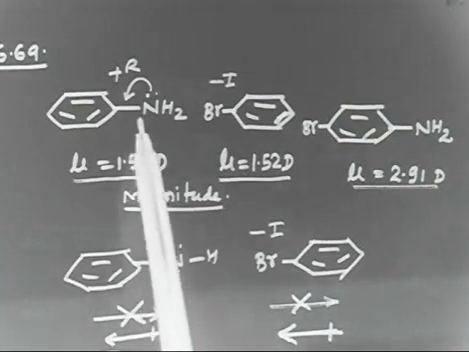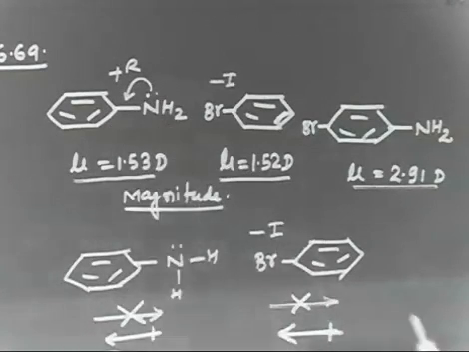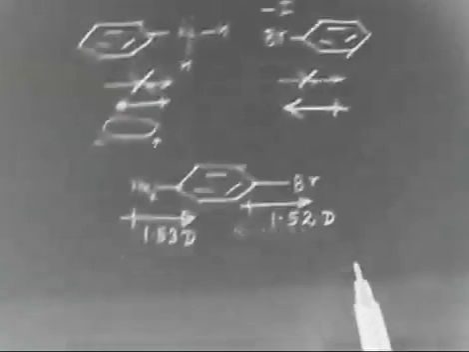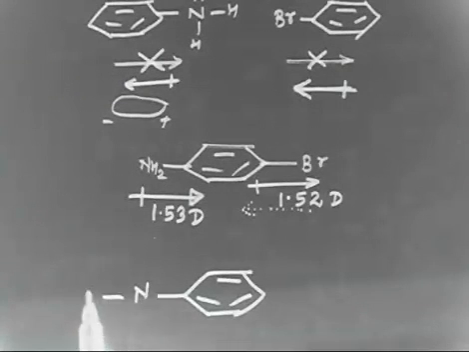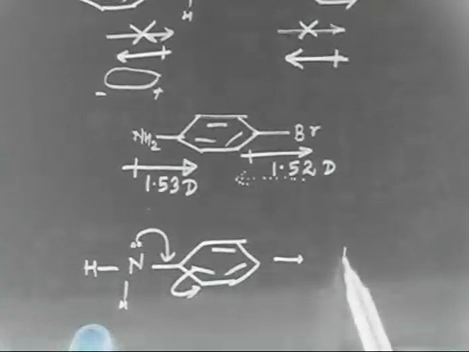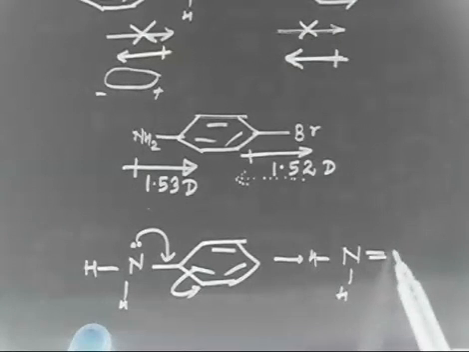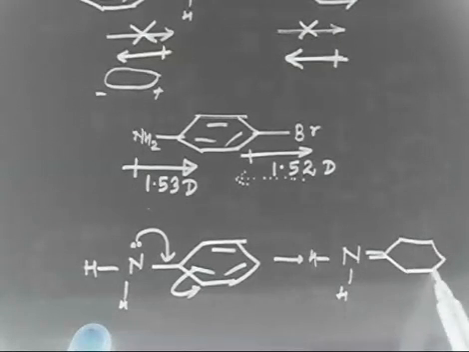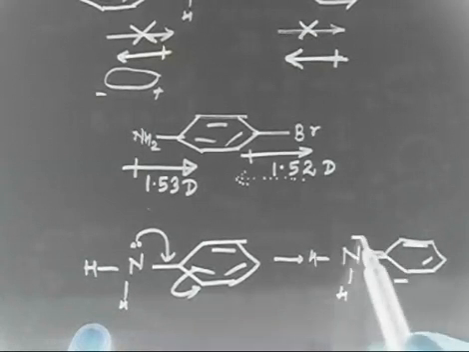Now you know for aniline, because nitrogen gives electrons, nitrogen will have a positive charge in one resonating structure. If you're not convinced, I can show you. In one resonating structure, if this lone pair goes here, this goes here, you will have a double bond to nitrogen, and then carbon, with a minus charge here and a plus charge on nitrogen.